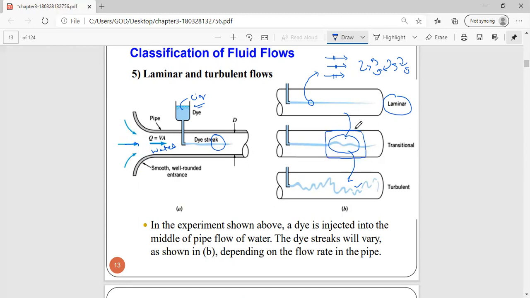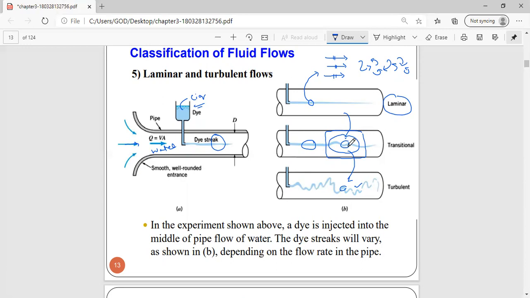But you may ask, sir, sometimes a flow looks laminar but if we observe closely it looks turbulent or transition. If you take a small portion of a turbulent flow, it looks like a transition.